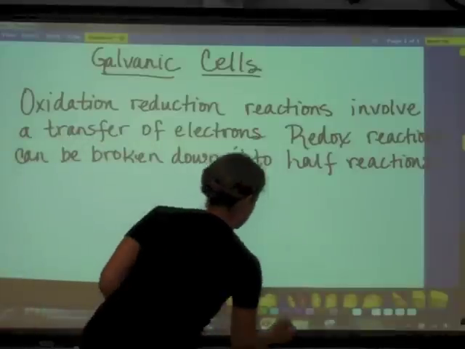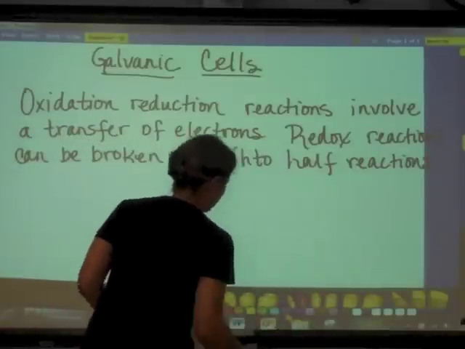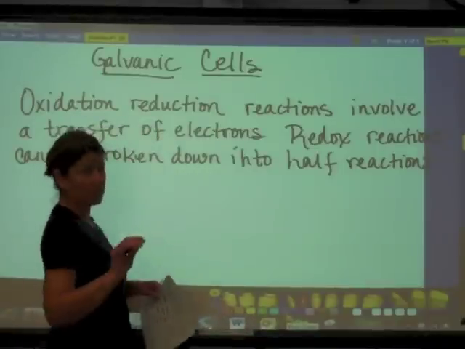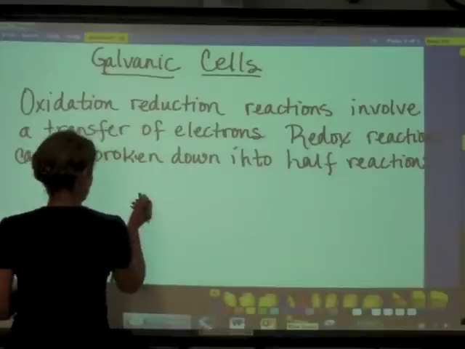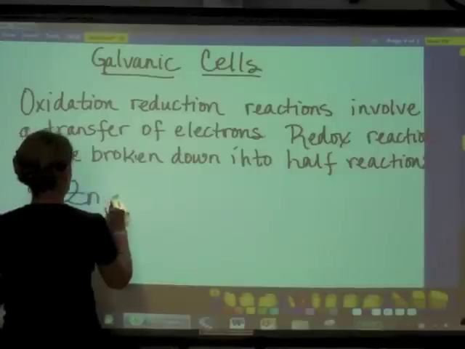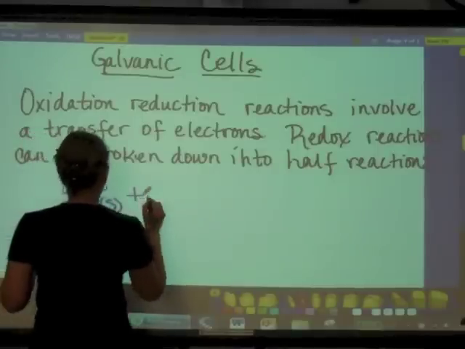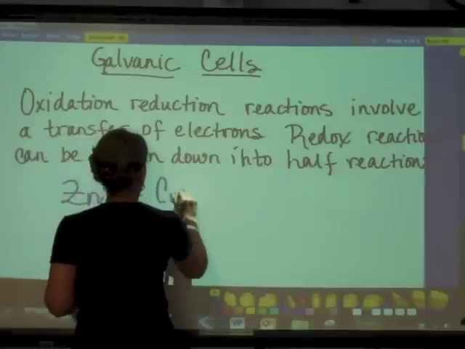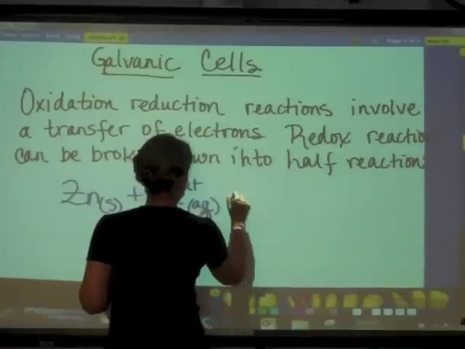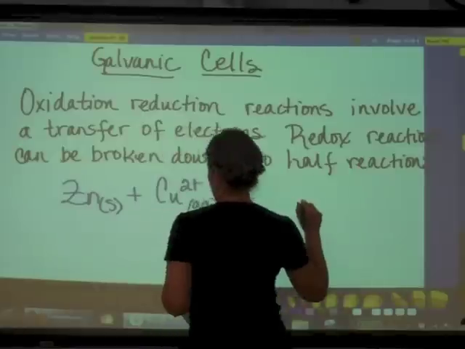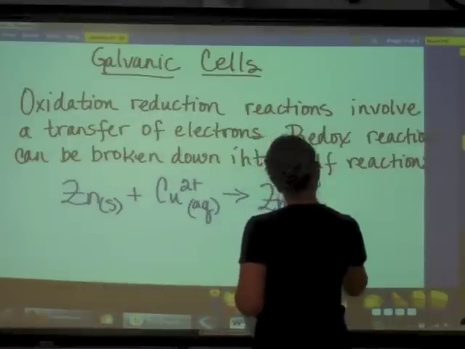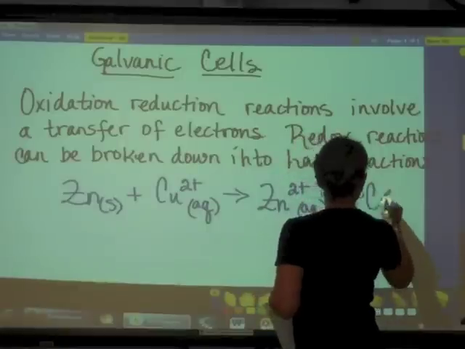Let's look at a typical redox reaction, which we've looked at many times. All I'm going to do right now is write a net ionic. We've got zinc solid reacting with copper 2 ion, and that's going to give us zinc ion plus solid copper.